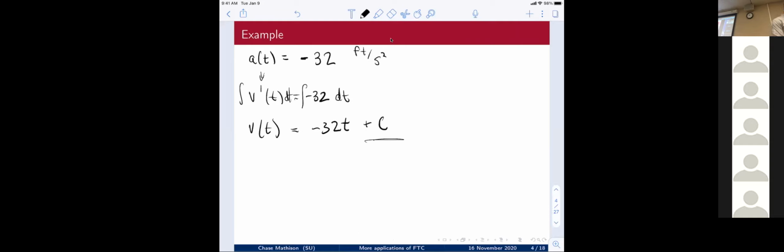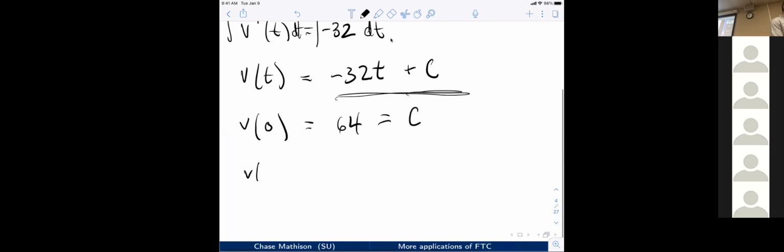At the moment I throw this ball into the air, which is t equals 0, I know v of 0 is 64 feet per second. Also, when I plug 0 in on the right, I'm just left with c. So c has to be 64. So I know that v as a function of t is equal to negative 32t plus 64.